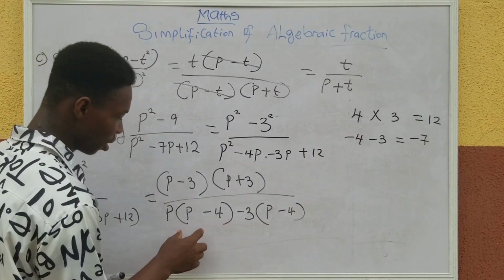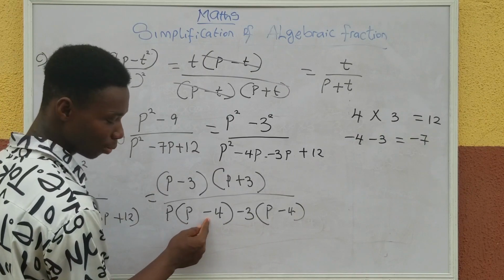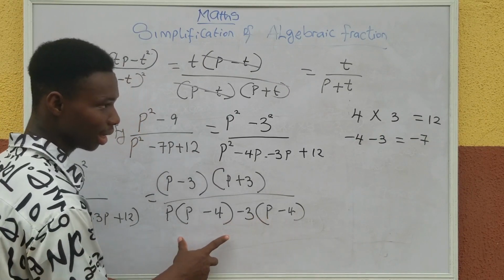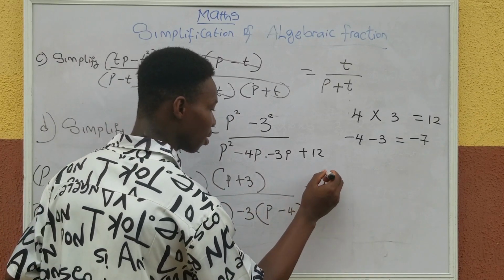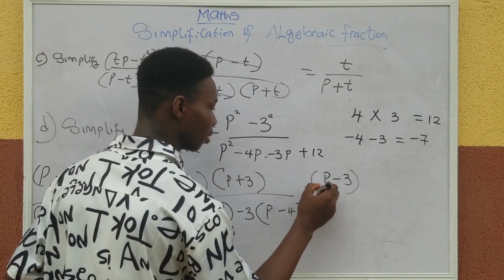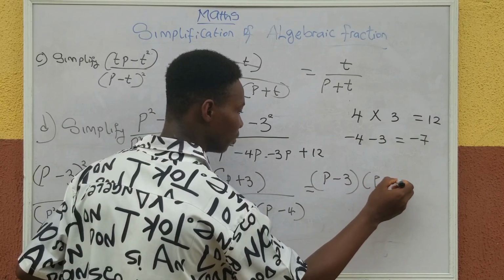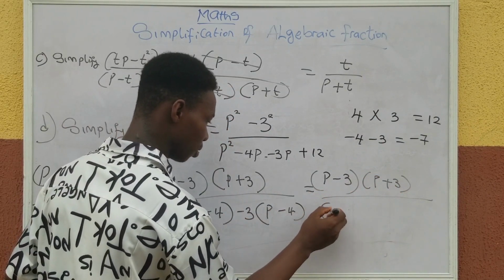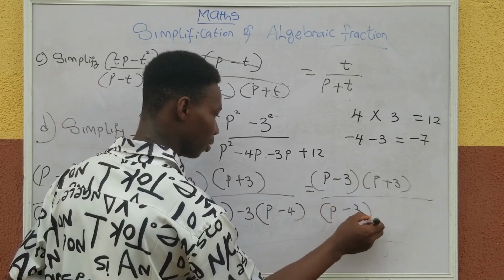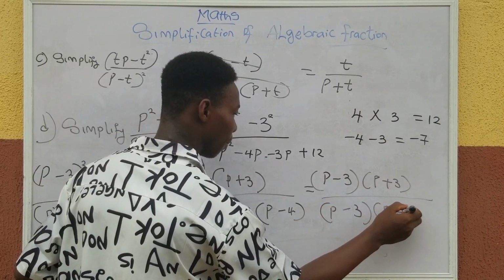So from here, since what you have in this bracket here and in this bracket here are the same, pick one of it. So it becomes p minus 3, p plus 3 for the first bracket in the numerator. While for this, it becomes p minus 3, close bracket, p minus 4.